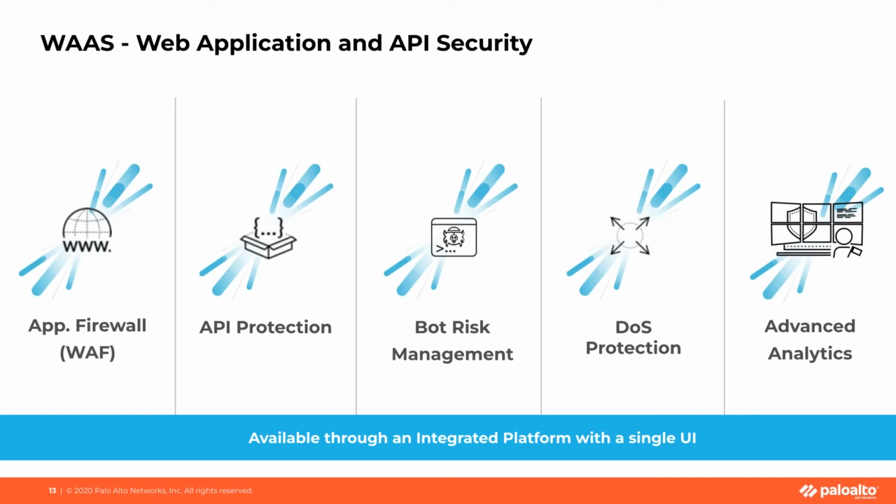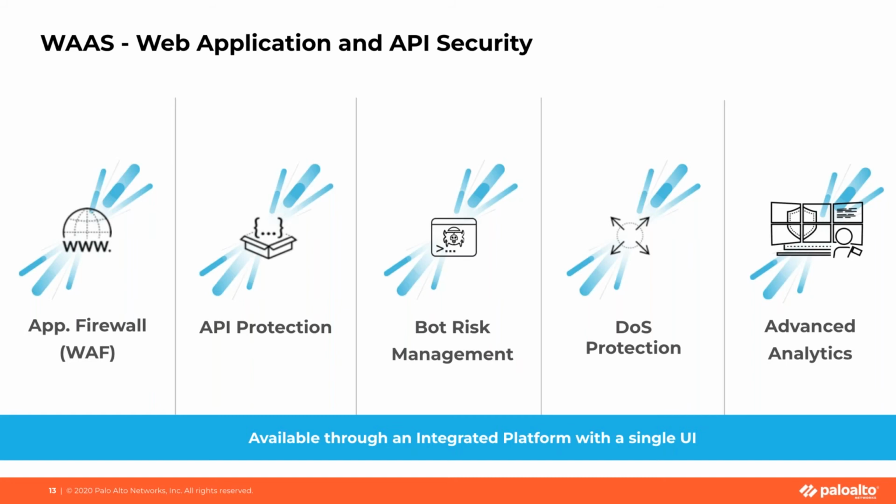Another layer of protection is DoS protection. WAAS provides advanced DoS protection by limiting the rate of HTTP requests. And through custom rules, users are also able to create their own rules matching against incoming requests or outgoing responses to provide visibility and protection for customer-specific threats.